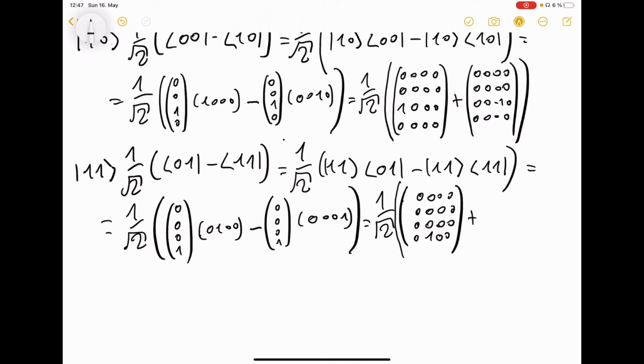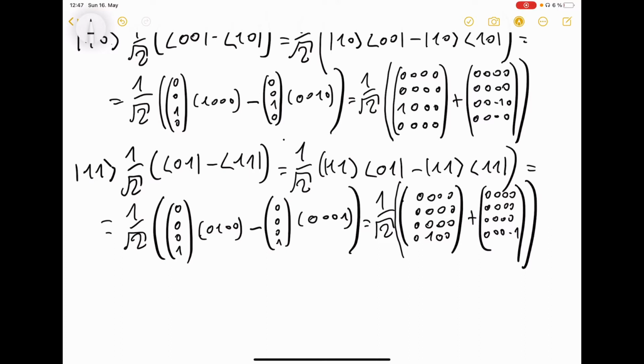we have, for the second one here, all zeros in the first row. We have all zeros in the second row. We have all zeros in the third one, and we have a -1 here.